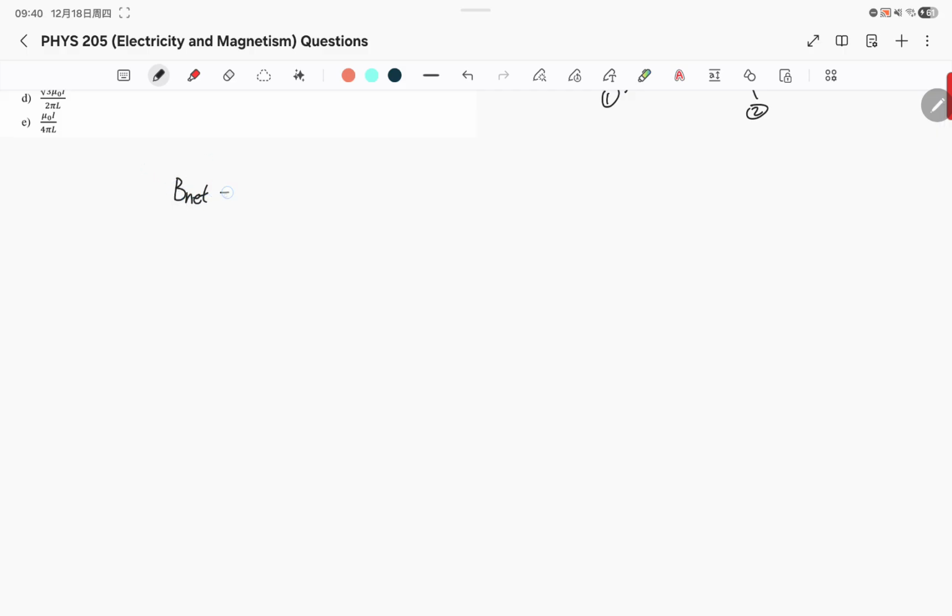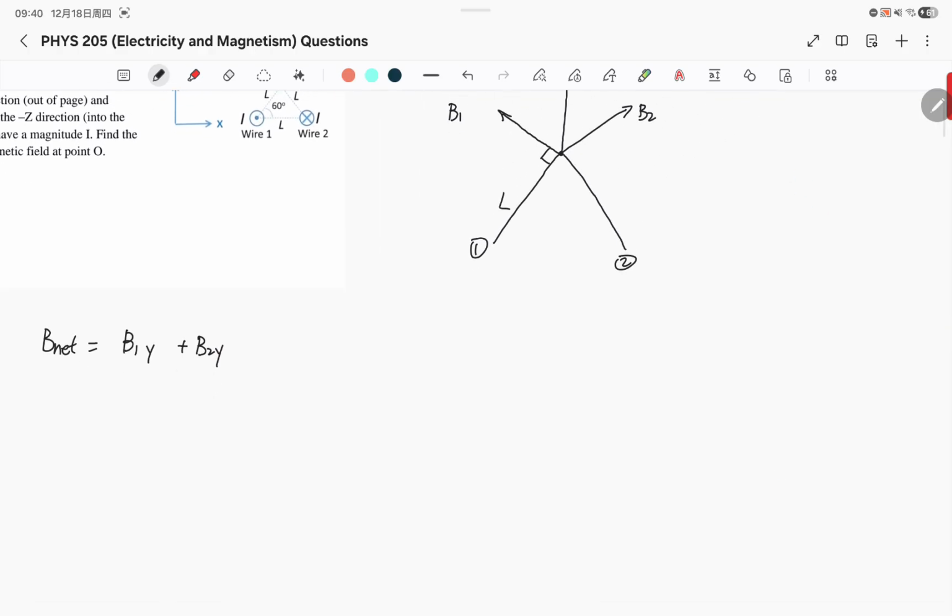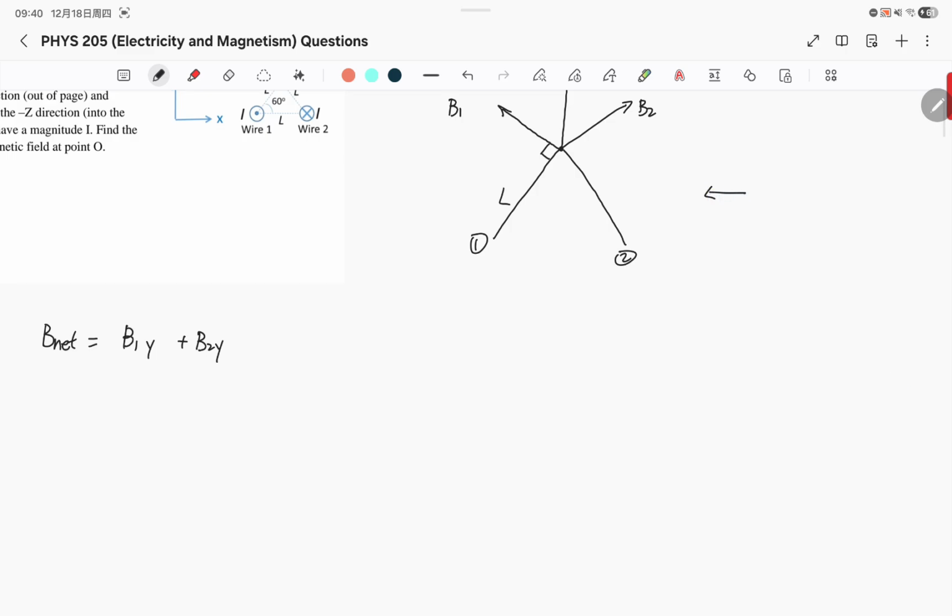B net is equal to B1 y component plus B2 y component, because the x components cancel out. B1x is here. B2x is in the opposite direction, so the sum is 0.